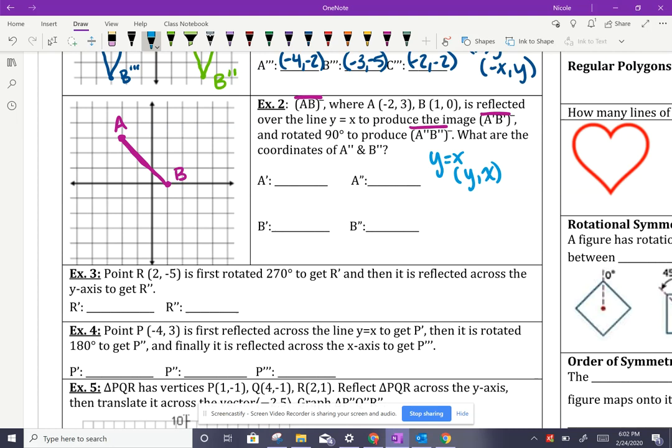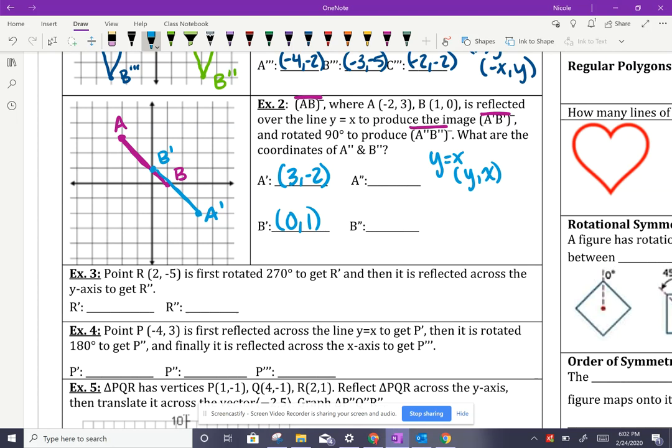So I'm going to take x and y and swap them for A, and x and y and swap them for B. There we go. And so A prime is occurring at 3, -2. And B prime is occurring at 0, 1.